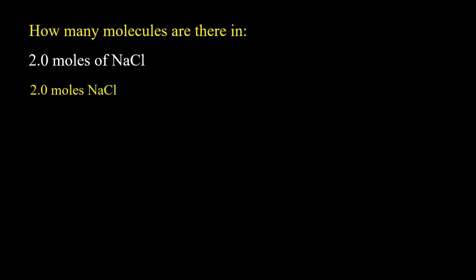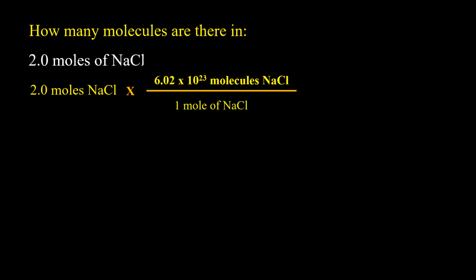We have 2.0 moles of sodium chloride multiplied by 6.02 times 10 raised to 23 molecules of sodium chloride in 1 mole of sodium chloride. So the final answer is 1.20 times 10 raised to 24 molecules of sodium chloride.